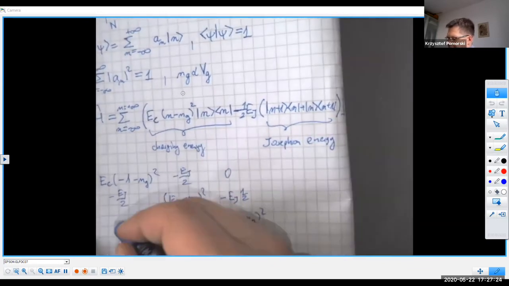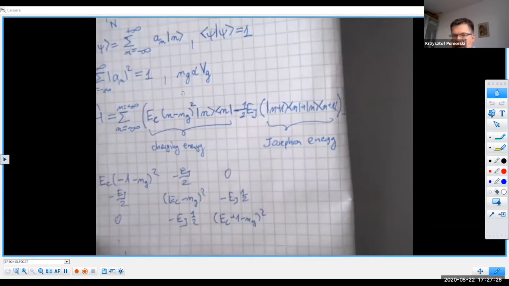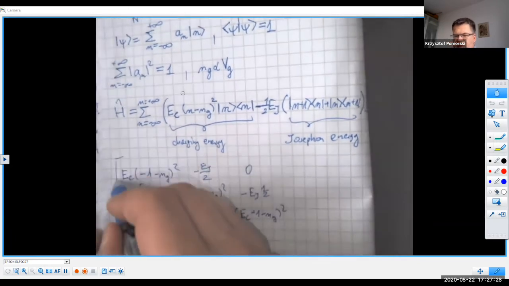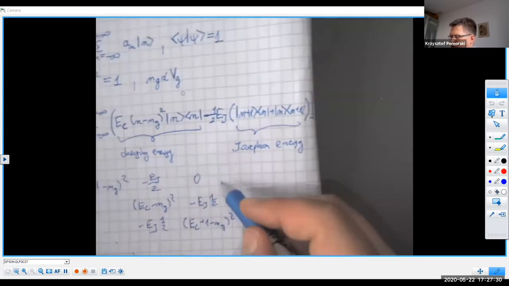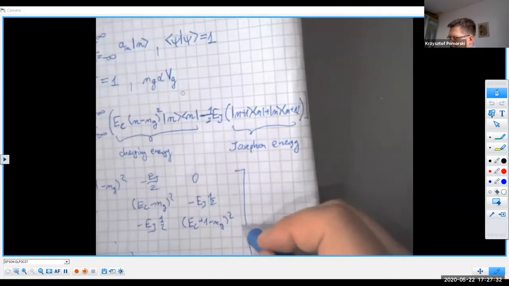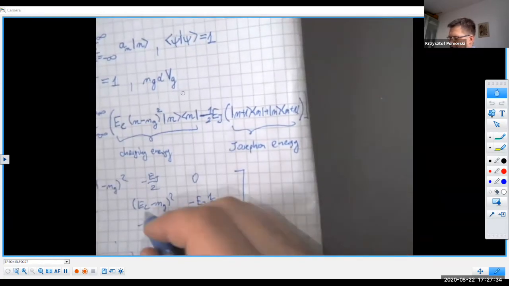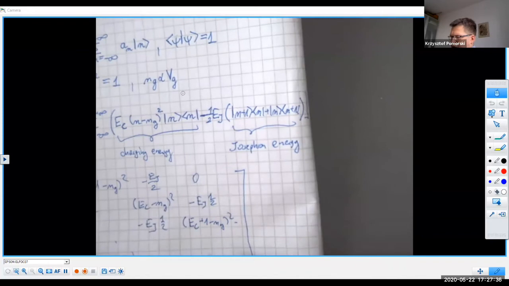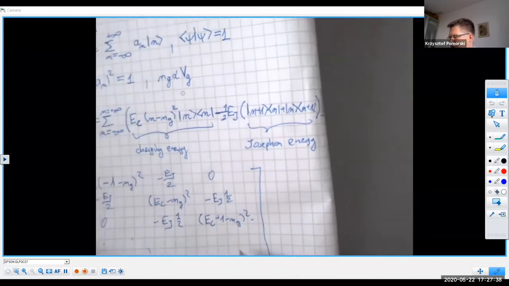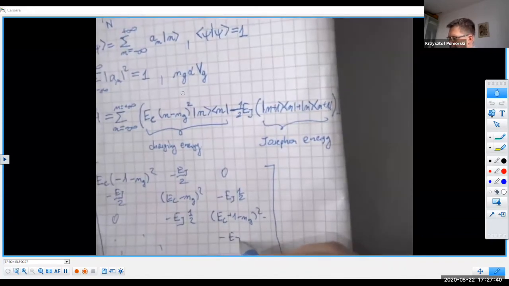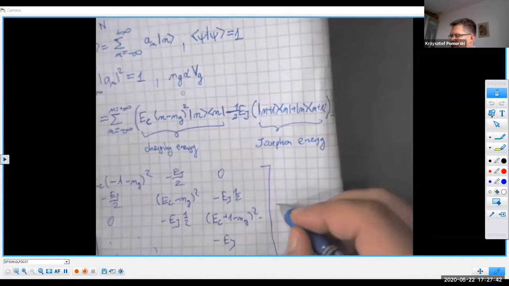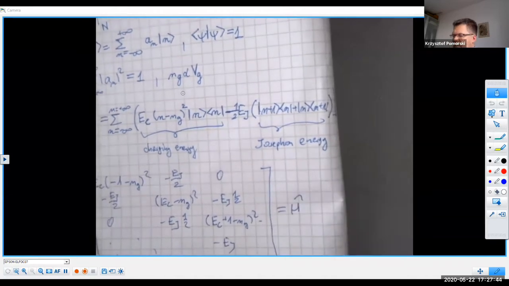We have zeros. So all our other entries are zeros. So this is our Hamiltonian matrix representation. So obviously we have only three lines that are not zero. So this is our Hamiltonian.